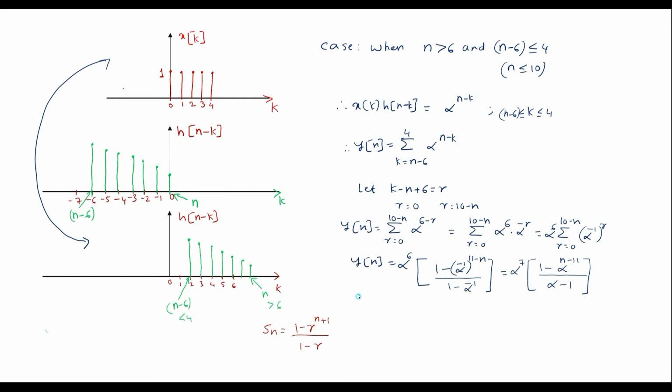Further I can simplify this as y of n is equal to alpha power 7 minus alpha power n minus 4 divided by alpha minus 1. So this can be further represented as alpha power n minus 4 minus alpha power 7 divided by 1 minus alpha. This is the expression of y of n for this range of n.